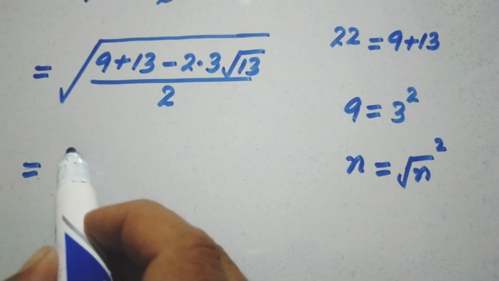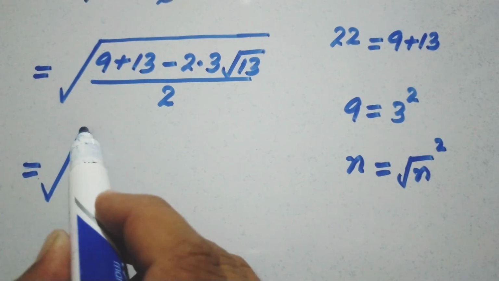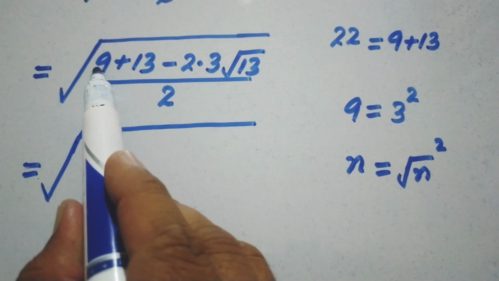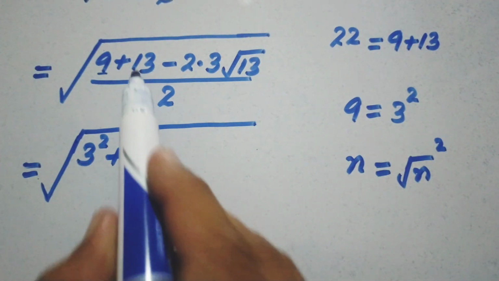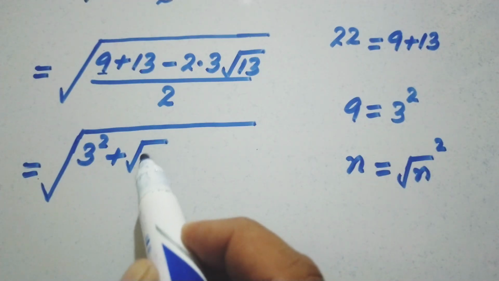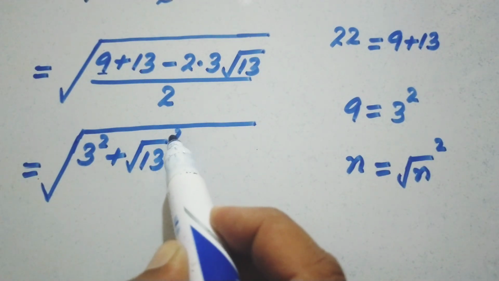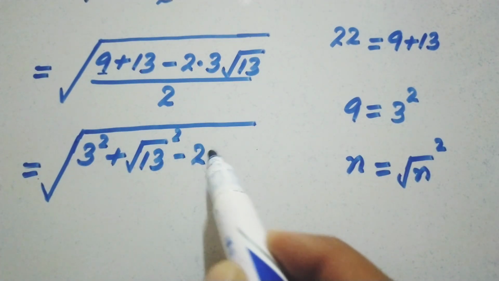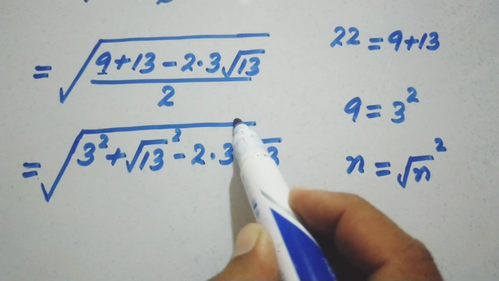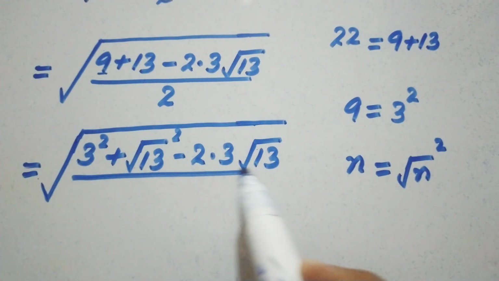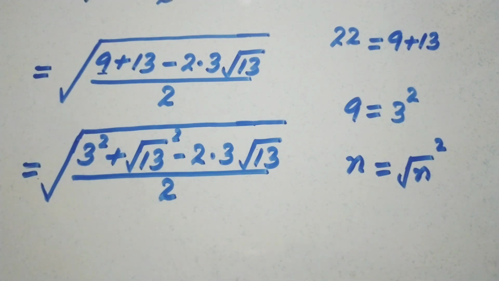So we will write this 9 as 3 squared plus 13. We can write this 13 as square root of 13 squared, minus 2 into 3 into square root of 13, and this whole thing divided by 2.